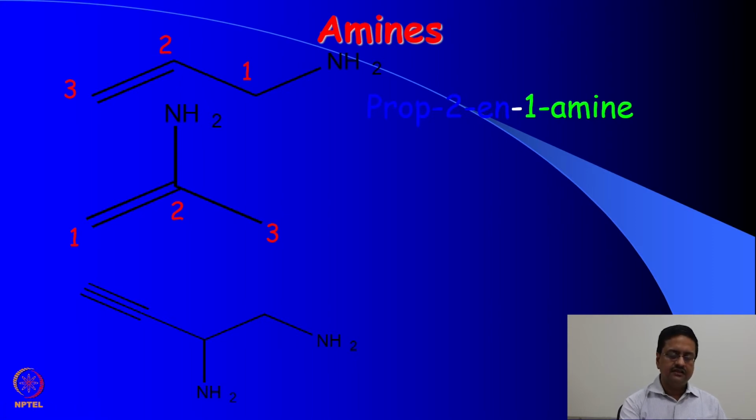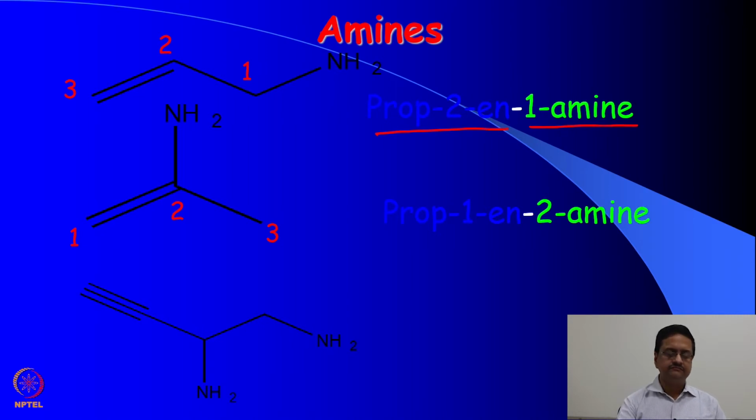In this case, it is 1 amine, because at one position it is NH2, and the compound is derived from propane, and there is propene, and there is a CC double bond between 2 and 3. So, we write it as prop 2 en 1 amine. The second compound is named as prop 1 en 2 amine.